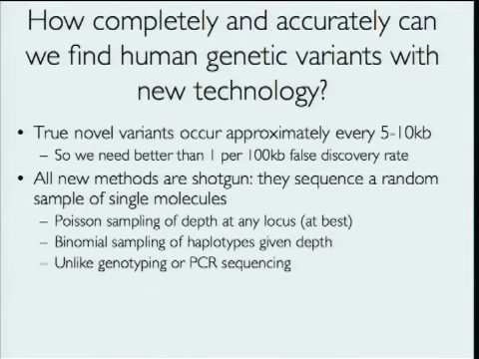So if you want to say what versions a particular person has, it's not good enough just to cover it once or twice, because you can't be sure that you've seen both copies. And that's unlike previous methods of sequencing, which basically start from a very large number of molecules, and so you're getting pretty much a proportional representation of both versions.